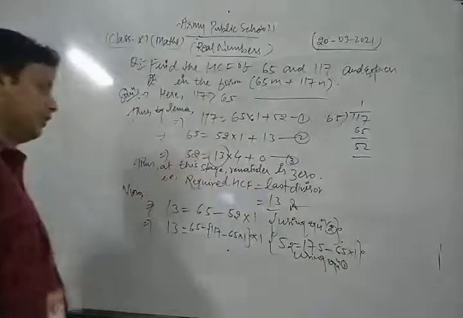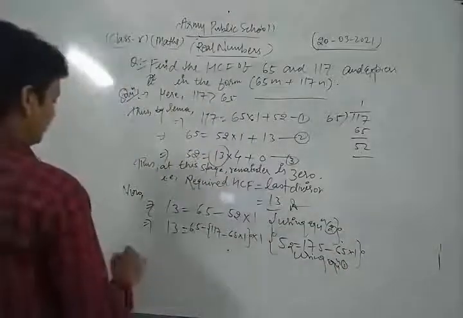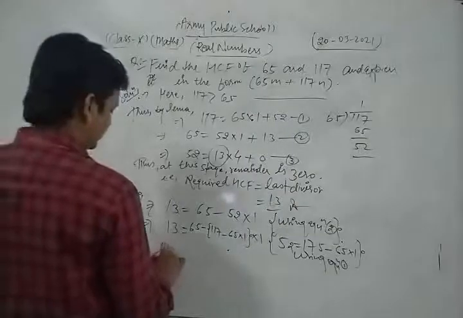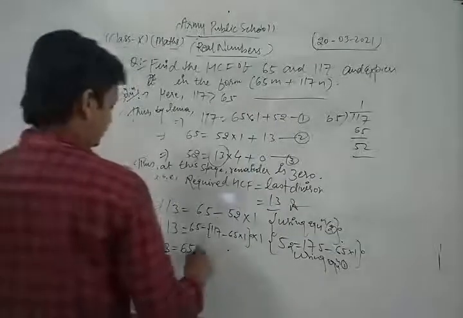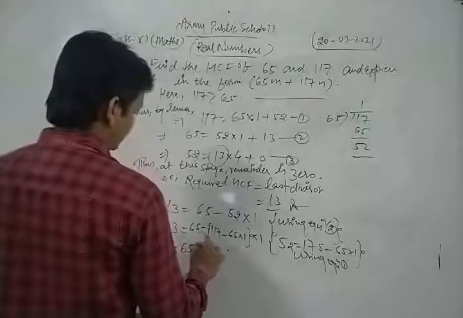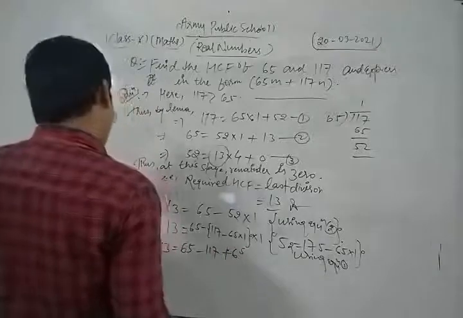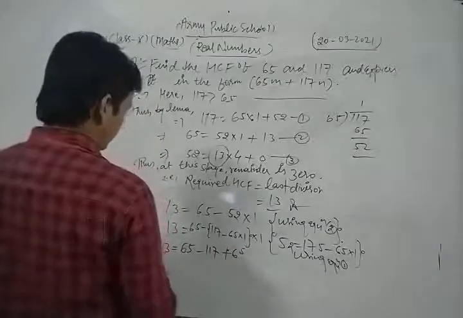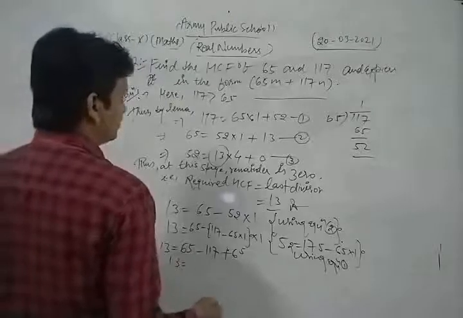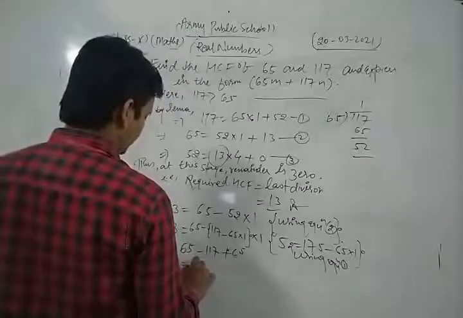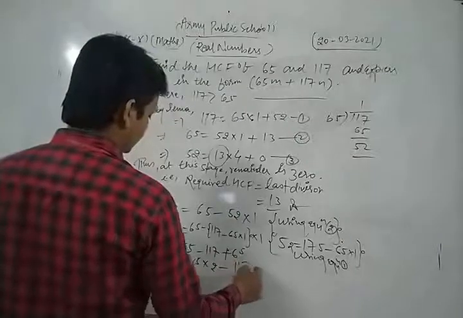Now we break the brackets. So we get 13 is equal to 65 minus 117 plus 65. Now we have 2 times 65, that is 65 into 2, minus 117.